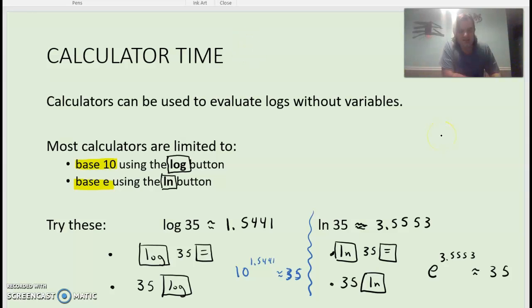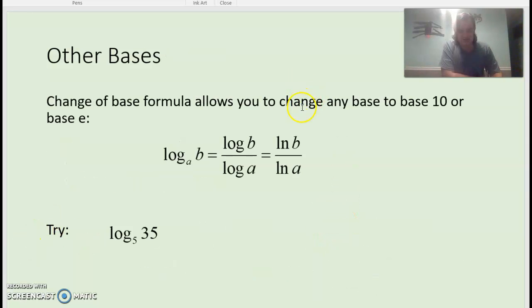But let's continue our discussion and notice that we only solved 2 problems here. The log of 35, which was base 10, and the natural log of 35, which was base E. So for other bases, usually the calculator is not built to handle that. So we have this formula here called the change of base formula.